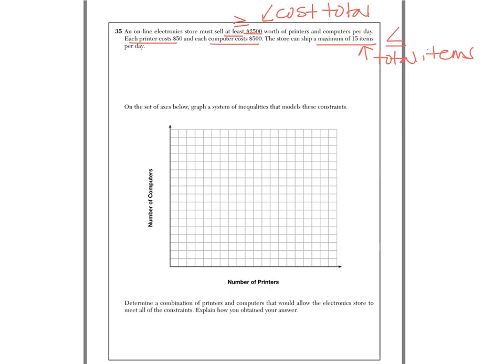I'm going to let each printer be X and each computer be Y. So in terms of cost, we have 50 times x plus 500 times y is greater than or equal to 2,500. And in terms of items, we have x plus y is less than or equal to 15.